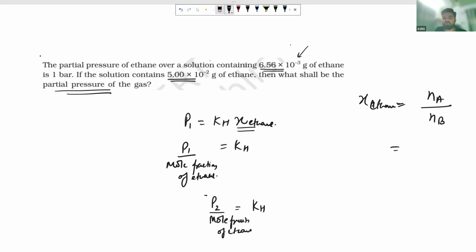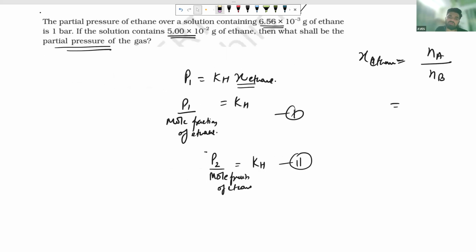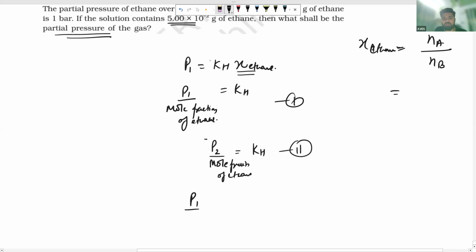So we'll write here, equating this first equation and the second equation. What will you get here? You will get P1 upon the mole fraction of ethane in the first case, equal to P2 upon the mole fraction of ethane in the second case. Okay, got it?